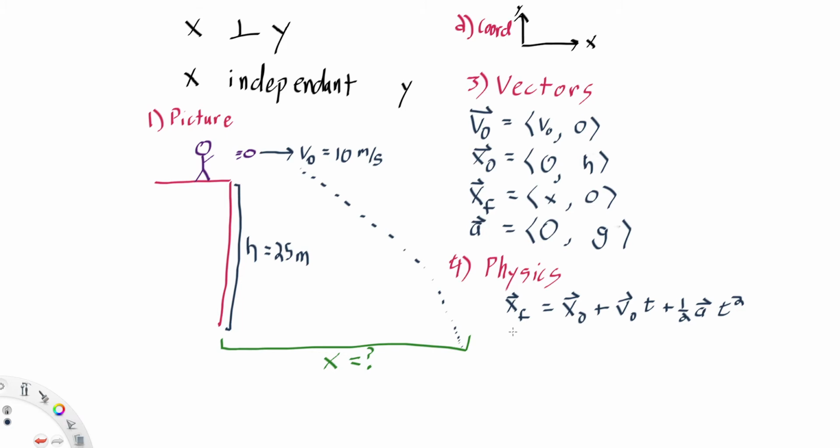So we could go ahead and write down that the x position is equal to the initial x position plus the x part of the velocity times time plus 1/2 the x part of the acceleration times time squared.